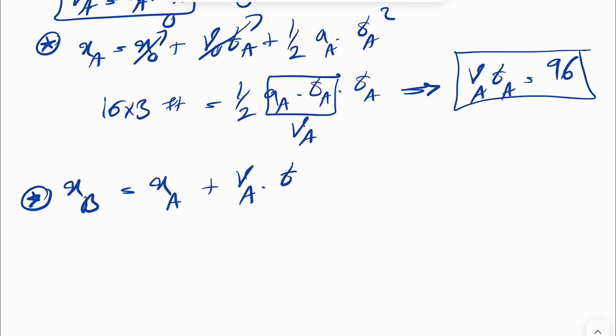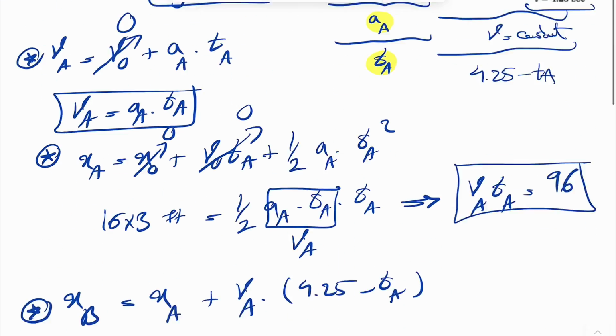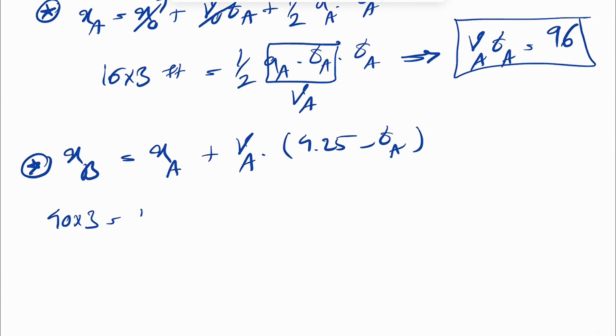So we have 40 times 3, which is the x at B, equal to 16 times 3 plus VA times (4.25 minus TA). So 40 minus 16, again multiplied by 3 to get it in feet.